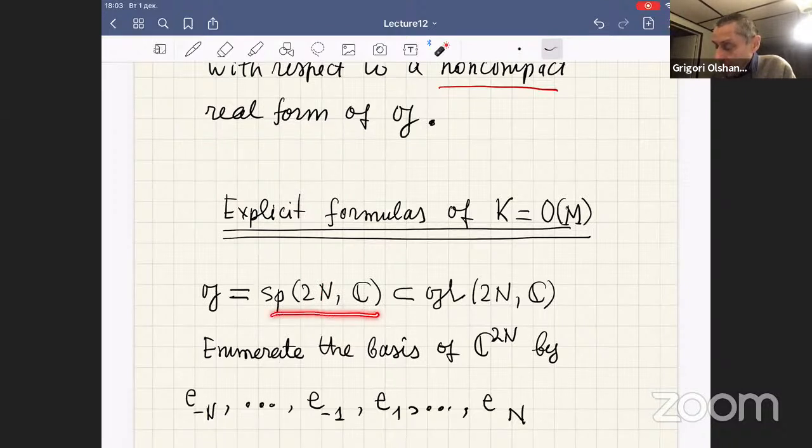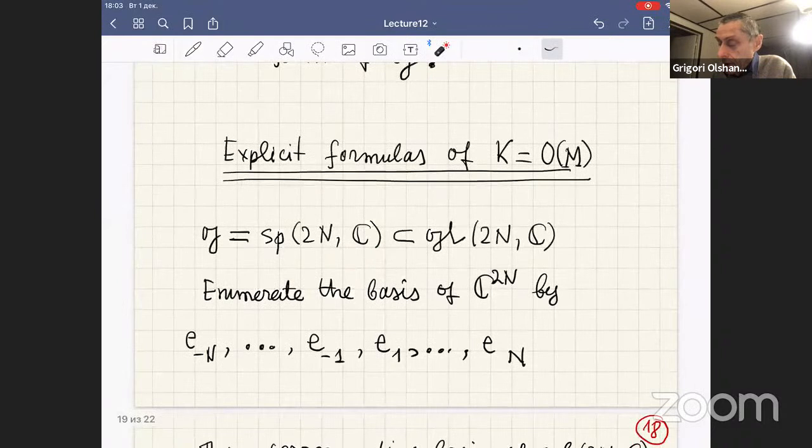So I need some explicit realization of this symplectic Lie algebra inside the GL algebra. So this is an algebra of matrices. So this is the algebra of all matrices of size 2n times 2n, and this is some proper subalgebra.